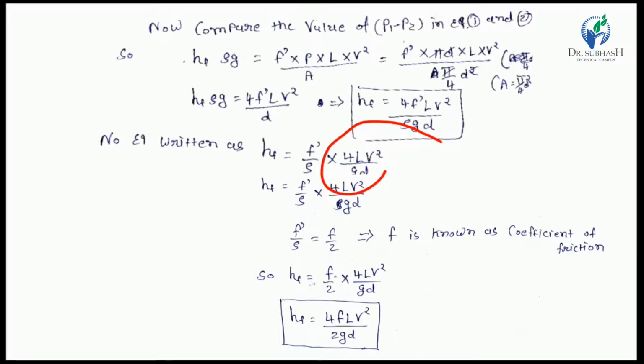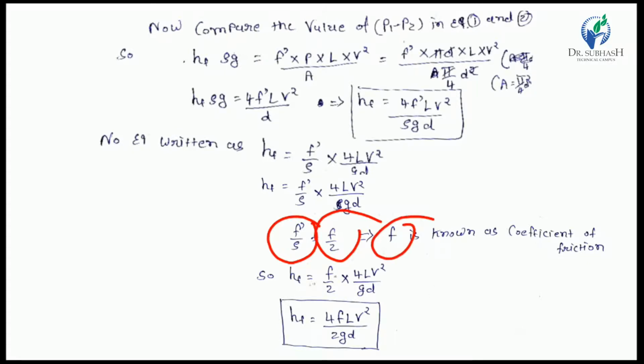Now F dash upon rho is equal to f upon 2, where f is the coefficient of friction. This is experimentally proven.